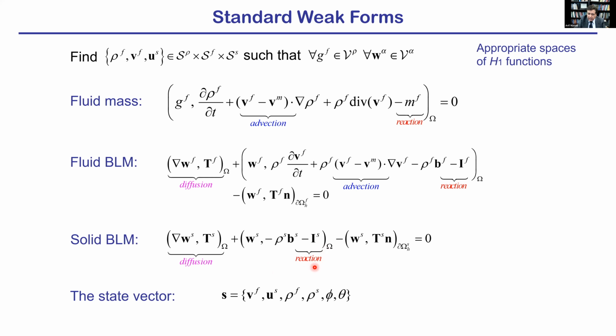For high reactions or a high rate of change between the fluid and the solid, this can dominate the process. And this solid balance of momentum equation can also become a reaction dominated, zeroth order term dominated, similarly perturbed equation. So the net thing is we need stabilization for this coupled system of equations.